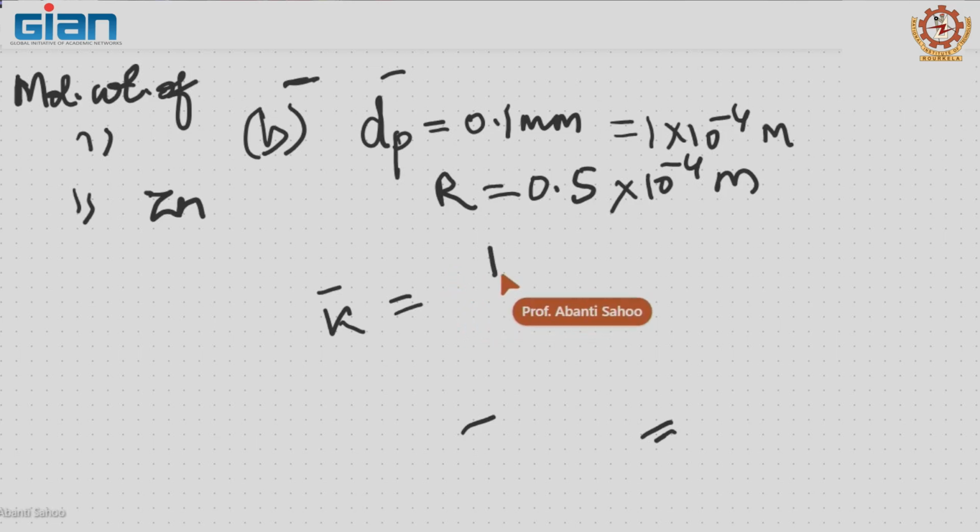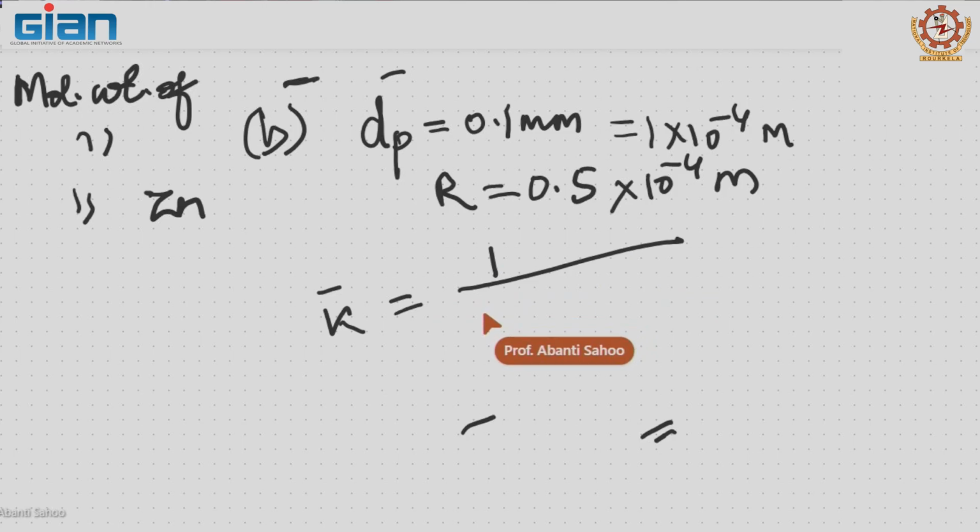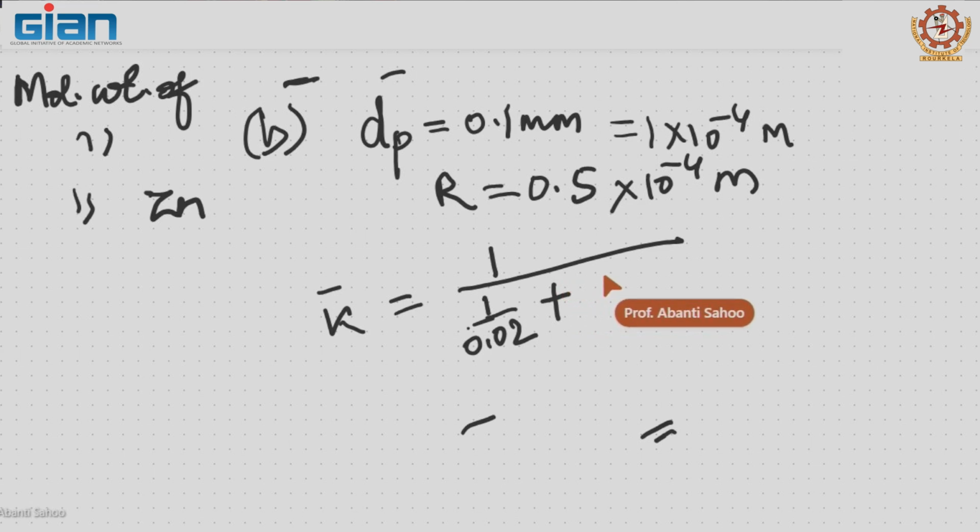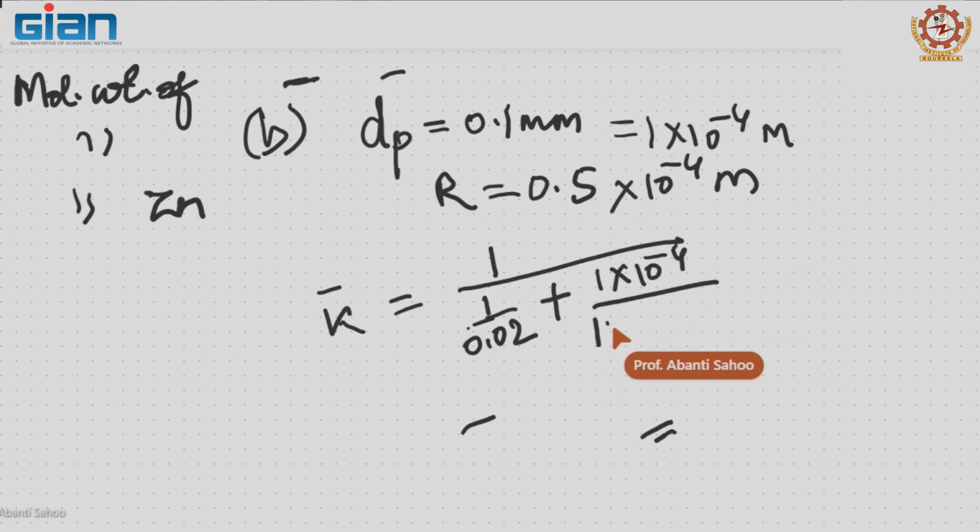It is coming 1 by, the first term remains the same, because the reaction rate constant is the same, 1 by 0.02, the first term in the denominator. Second term is dp by 12 Ds. dp is 1 into 10 to the power minus 4, divided by 12 into diffusivity, which is also the same, 8 into 10 to the power minus 6.